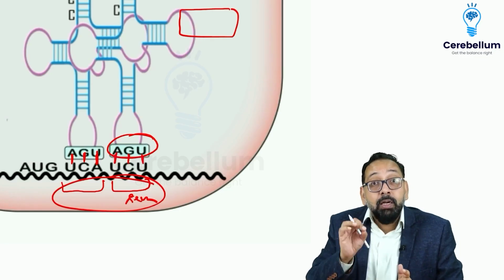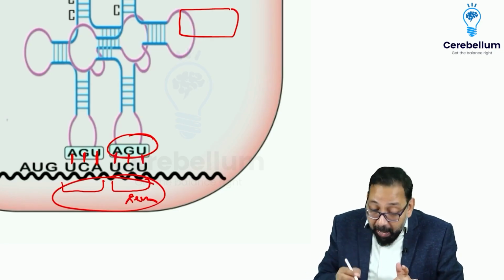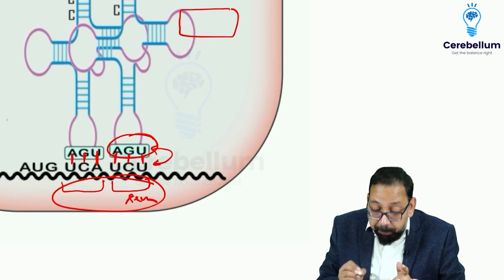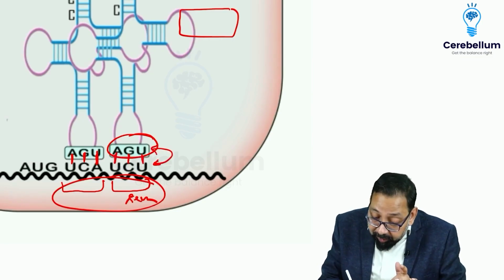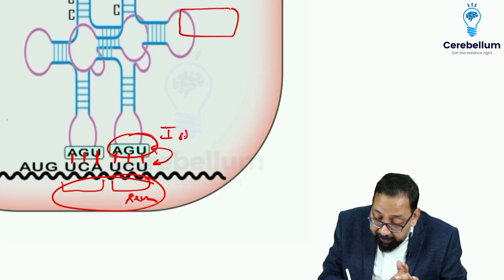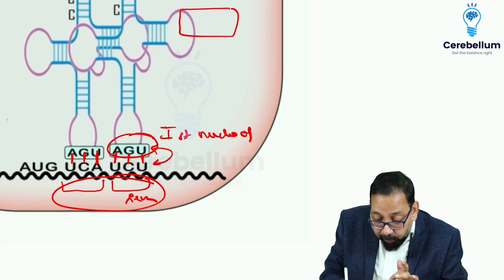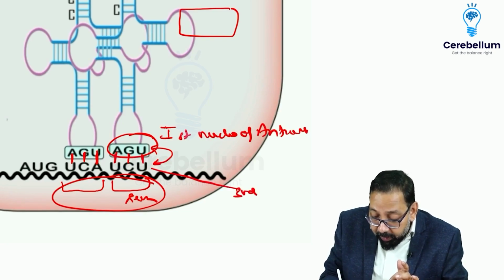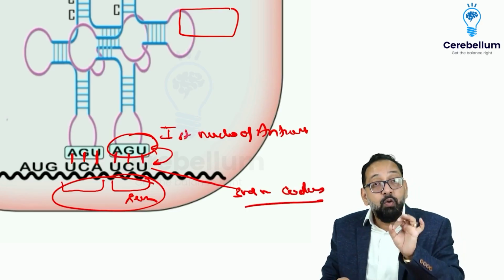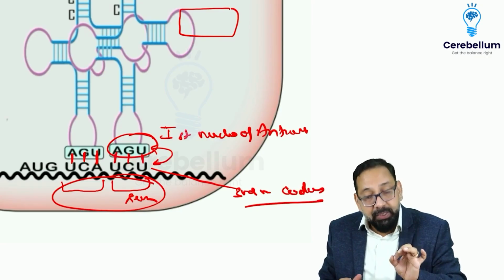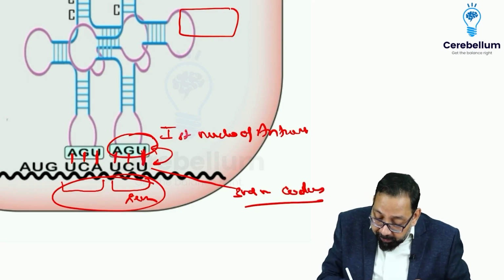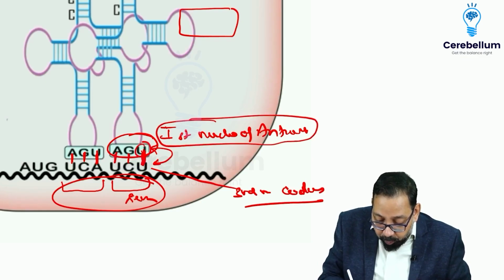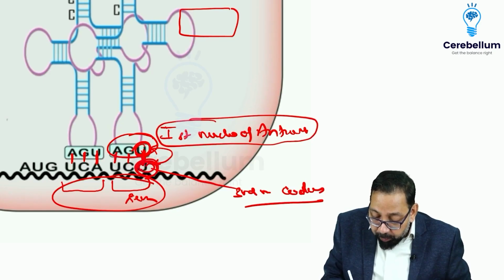So this is required: abnormal base pairing should occur between the first nucleotide of the anticodon and the third nucleotide of the codon. So this is the Wobble hypothesis. The Wobble hypothesis says that abnormal base pairing can occur between the first nucleotide of the anticodon and the third nucleotide of the codon.